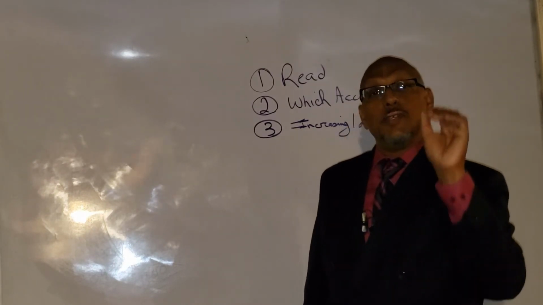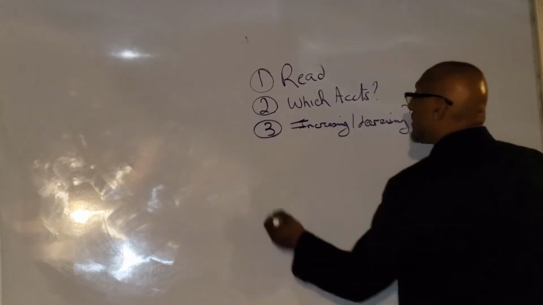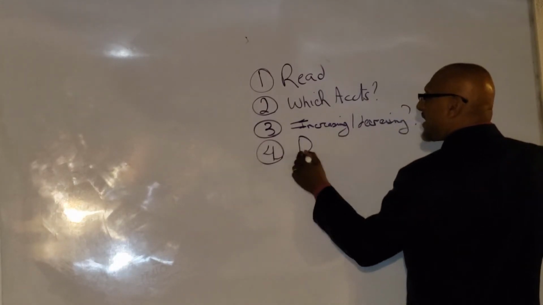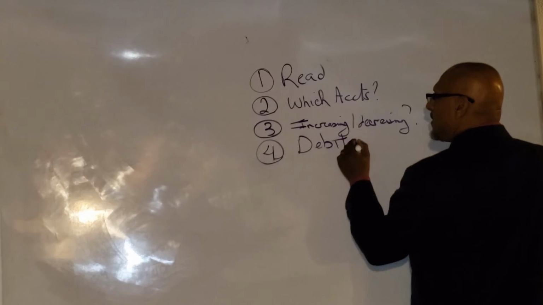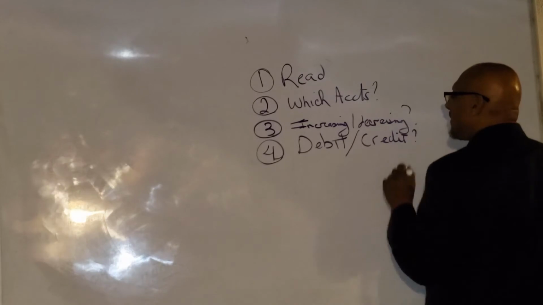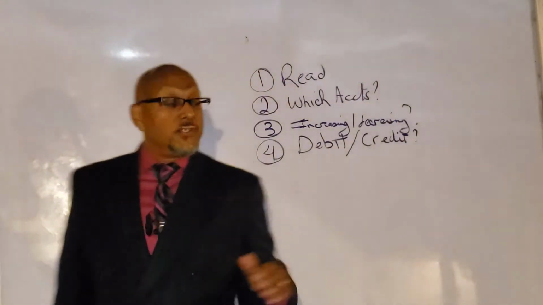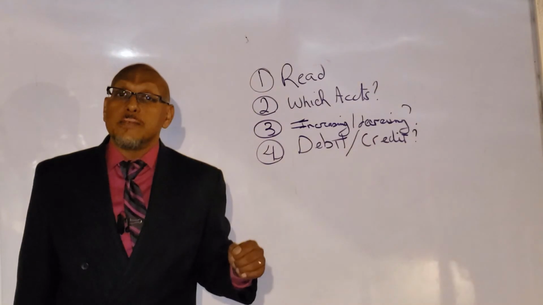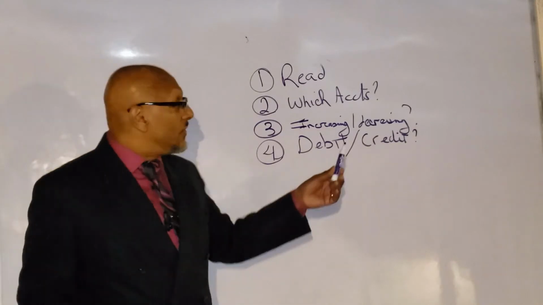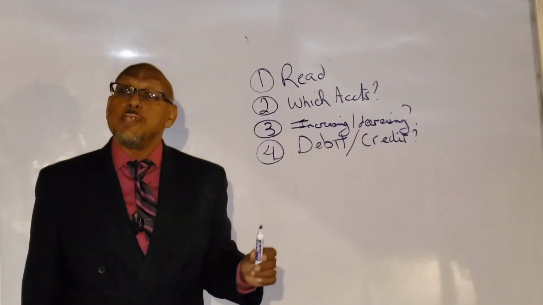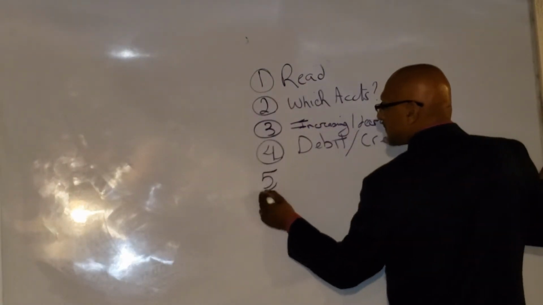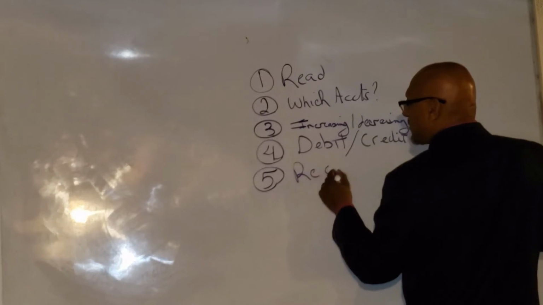The point is you need to know which one's increasing and decreasing, because that will tell us where we're going to go with number 4, which is which account is being debited and which account is being credited. You could have 2 debits, you could have 2 credits, or one of each. But you need to know which one's which. And it is also based on which is increasing and which is decreasing. And the last step is record the transaction.